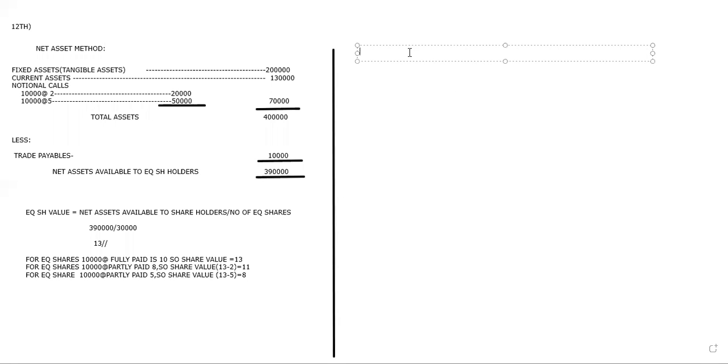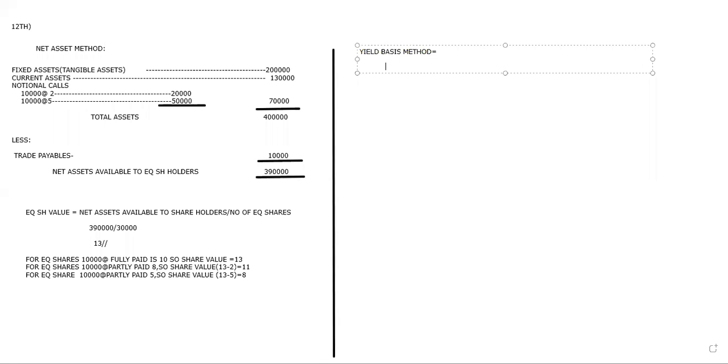So the next one is the expected yield basis method. The yield basis method formula we are going to use. So what is the formula we are going to use here?